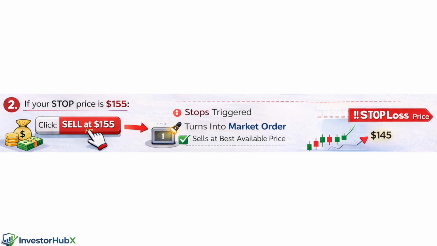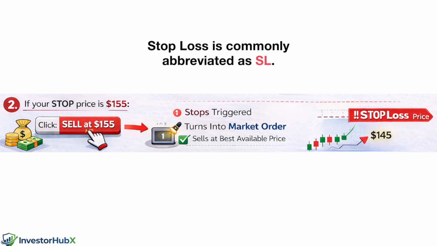Similarly, if you are shorting a stock and your stop price is $155, your stop loss will be triggered if the price rises to $155 to prevent a major loss. With a stop loss set, you are protecting the downside of your trade. It is a crucial tool in risk management. On most trading platforms, stop loss is commonly abbreviated as SL.